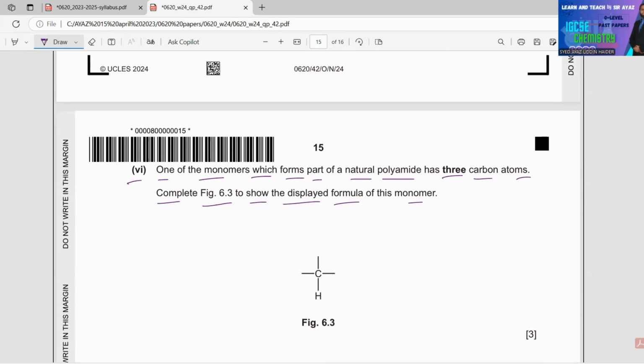So it must be having COOH at one end, like this, and amine at the other end. So 3 carbon atoms. So it must be having CH3 here.